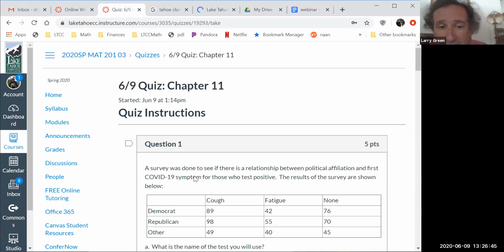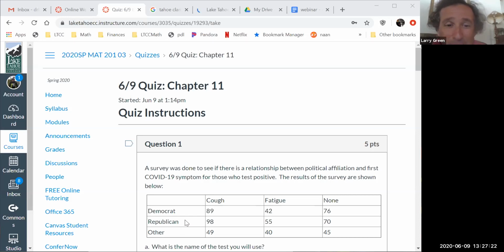Okay, a survey was done to see if there's a relationship between political affiliation and first COVID-19 symptom for those who test positive. The results of the survey are shown below. I want to let you know that this is a lie. Why is it a lie? I don't think a survey was really done, but you could imagine a survey being done on this.